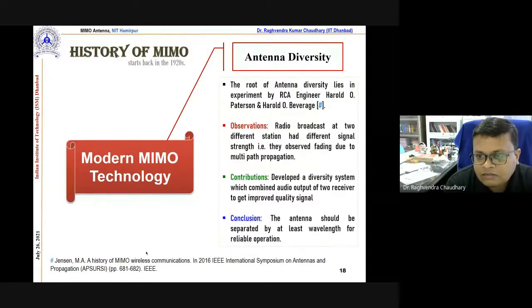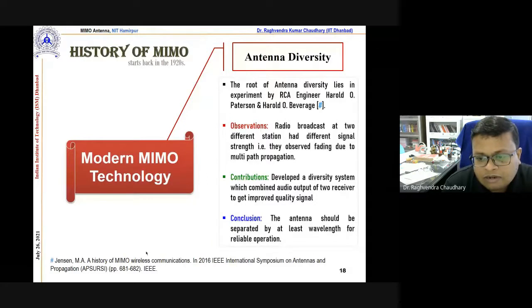This is the experiment of RCA engineers Harold Beverage and colleagues. They started this. The observation at that time was that radio broadcasts at two different stations had different signal strength. They observed fading due to multipath propagation, as we discussed in the last slide.